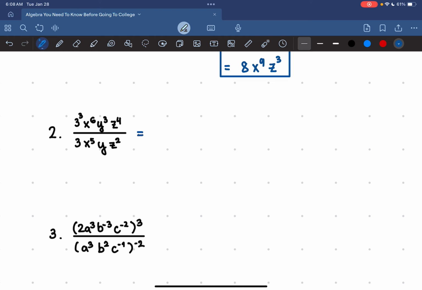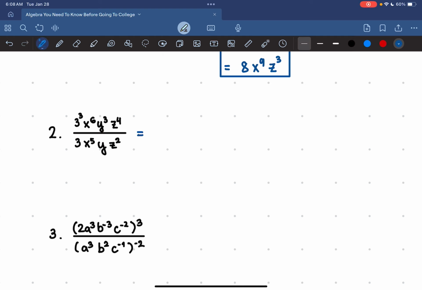So again, just subtract the exponents of the same variable or same number. And again, recall that when the exponent is not present, like here and here, that just means that we have 1 and 1. Okay, good.